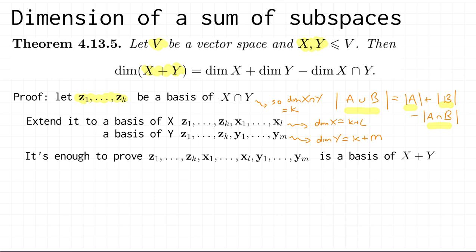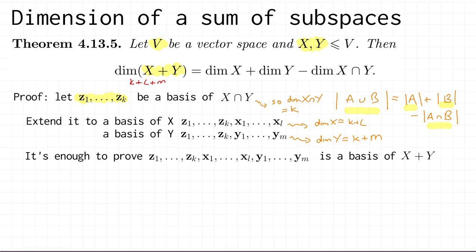Now, I claim that it's enough to prove that the z's and the x's and the y's together are a basis of X plus Y. The reason that's true is that if we proved this, then the left-hand side of our equation would be k plus l plus m, because there would be a basis consisting of the k z's, the l x's and the m y's.